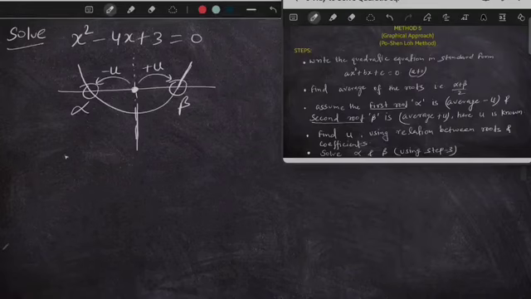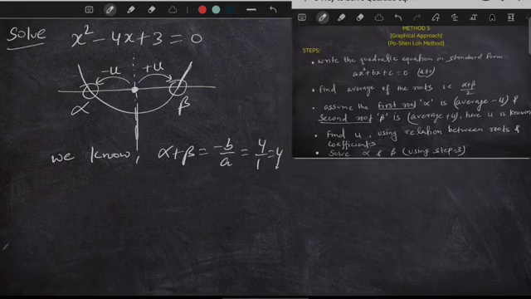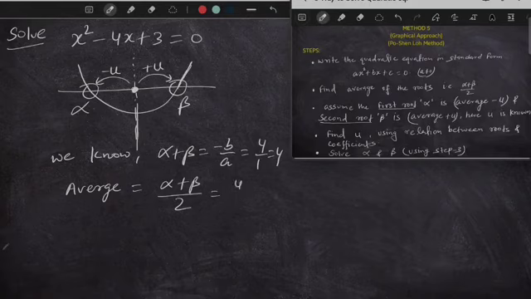We know alpha plus beta is negative b by a, that is 4 by 1, that is 4. So average is alpha plus beta by 2, that is 4 by 2, which is 2.